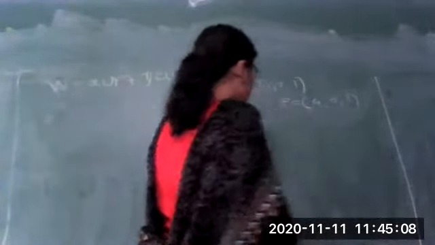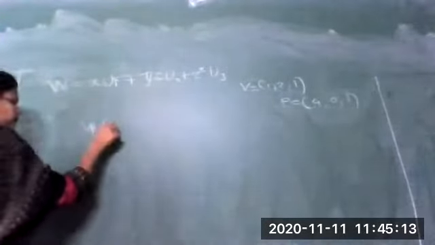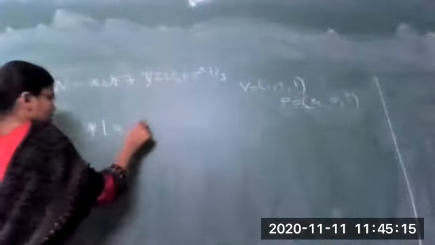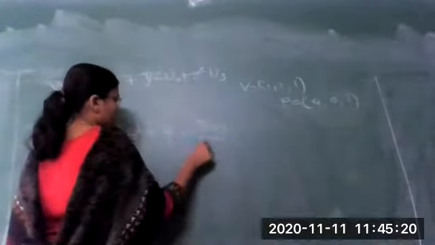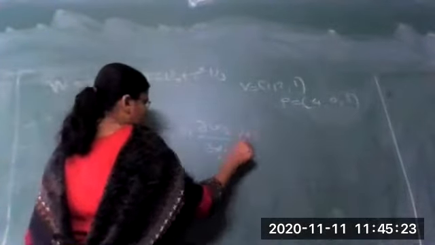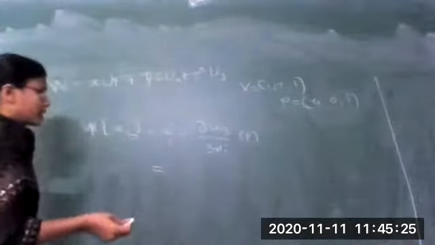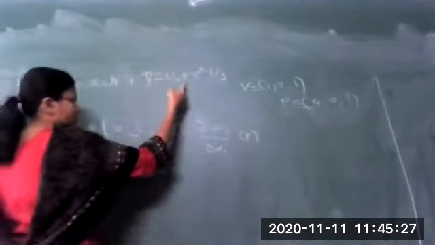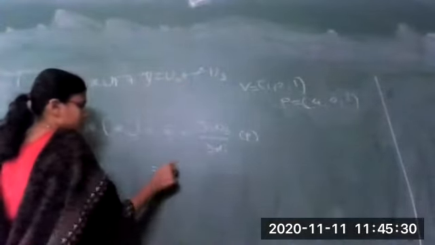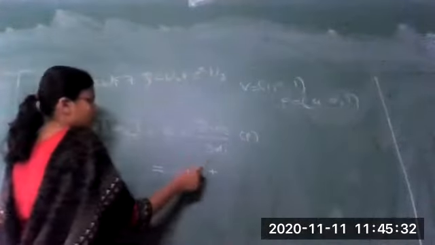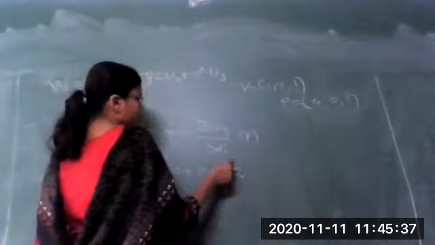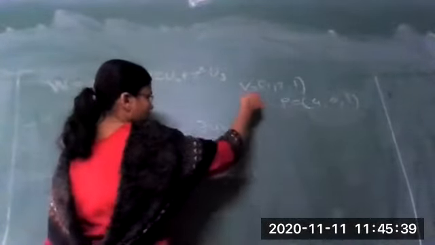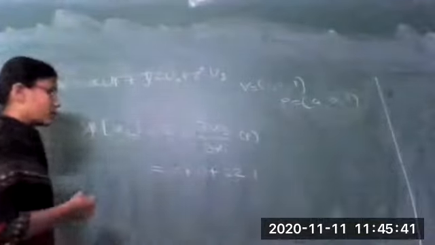Let me find the answer for the third one, V_P W3, which is the summation over i of V_i times the partial derivative of W3 with respect to x_i at the point P. The derivative of z squared with respect to x is 0, with respect to y is 0, and with respect to z is 2z, times the coefficient 1. Evaluating at P, 2z is 2 times 1, so V_P W3 is 2.